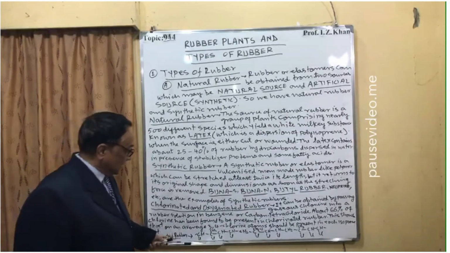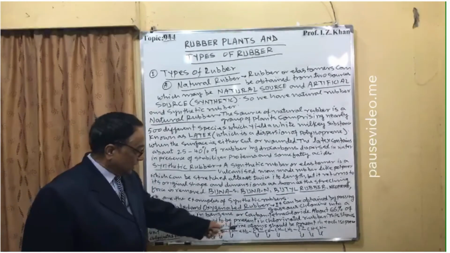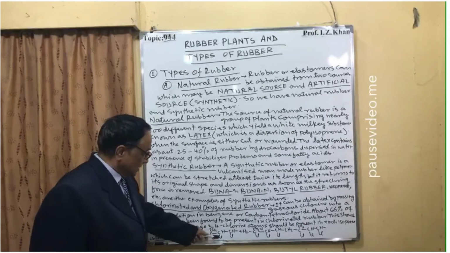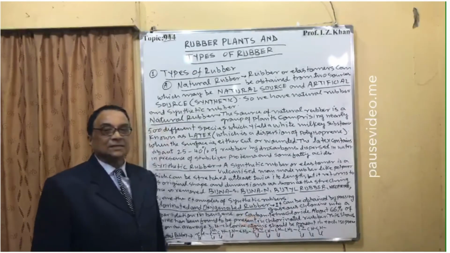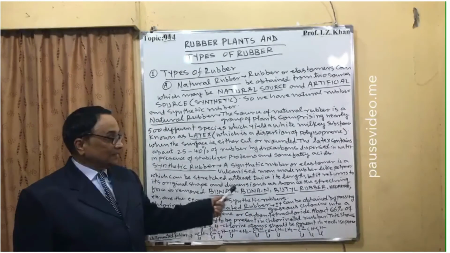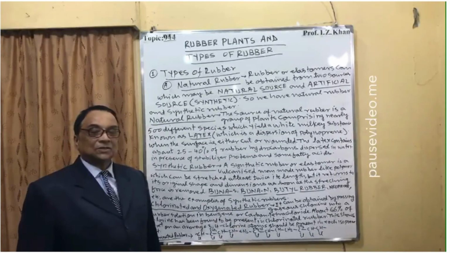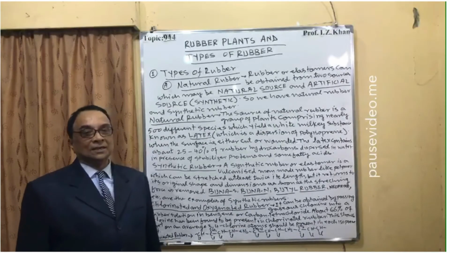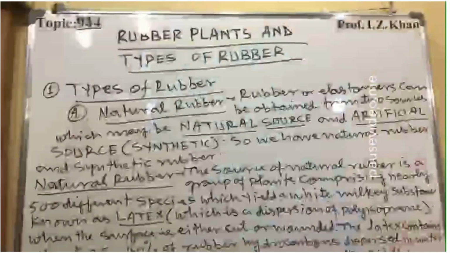So here I have given the example of chlorinated rubber, where 3 to 4 chlorine atoms are added to each isoprene unit, and that amounts to about 66% chlorine in chlorinated rubber.